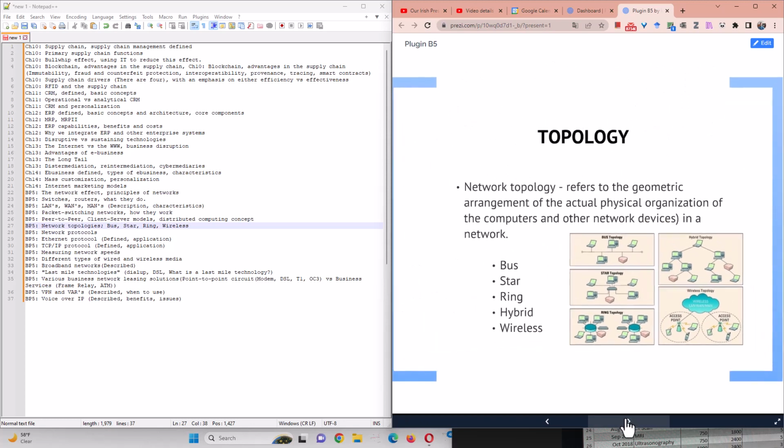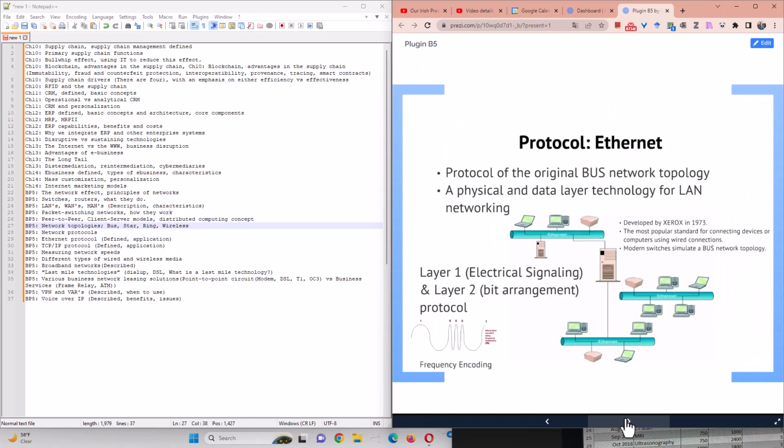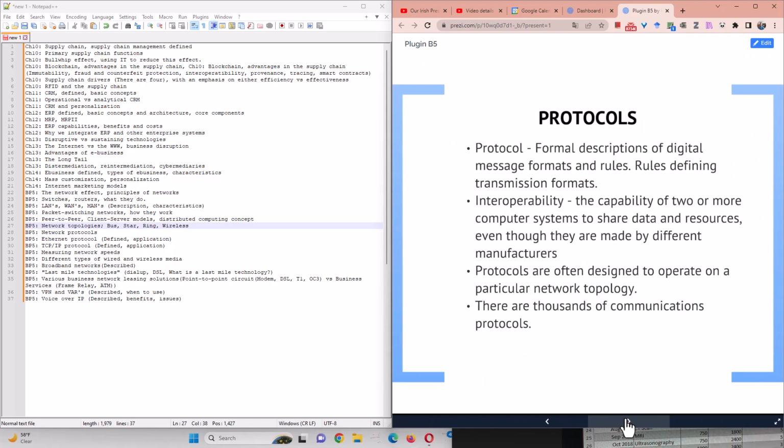You should know what network protocols are. Network protocols are associated with rules about communicating on a certain type of network architecture. Generally, those rules are going to be associated with that architecture.